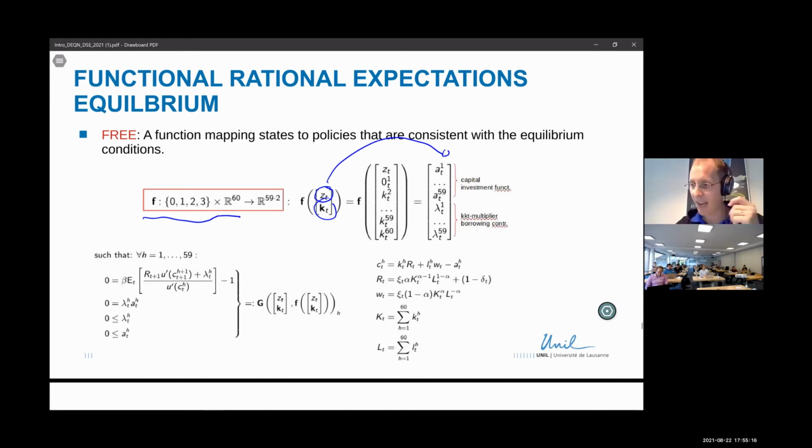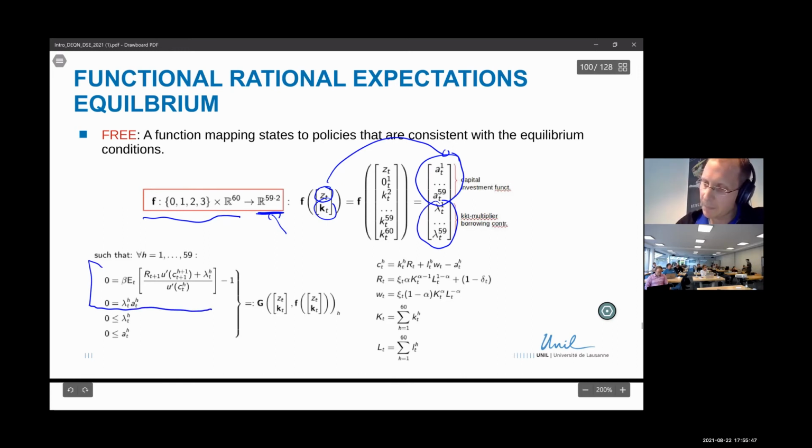So we have essentially a mapping from the state, like 60 cross 4, to a 120 dimensional object. The policy that we're looking for is the capital investment functions and the KKT multiplier. So we have two types of equations: the equality constraints and the inequality constraints.